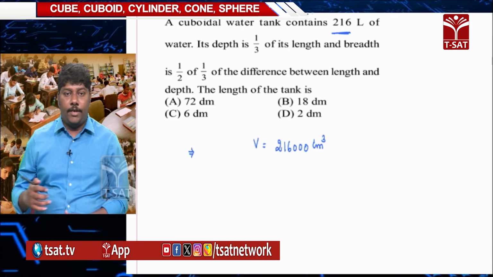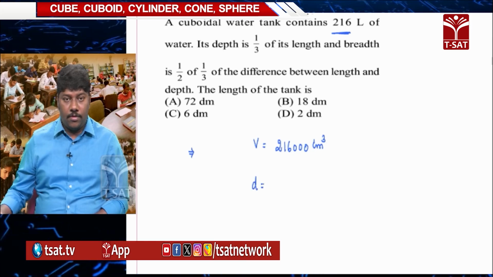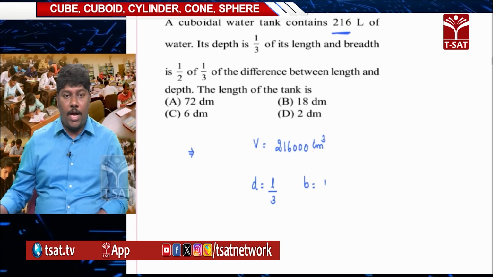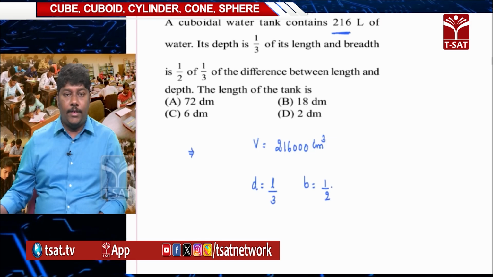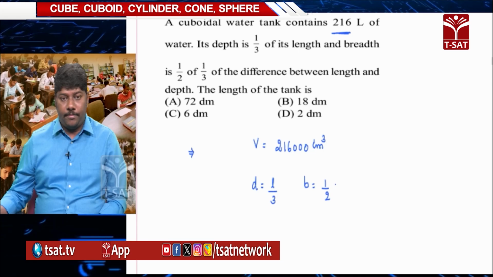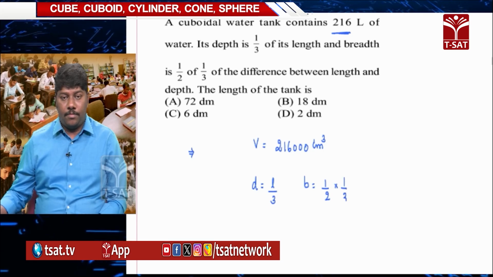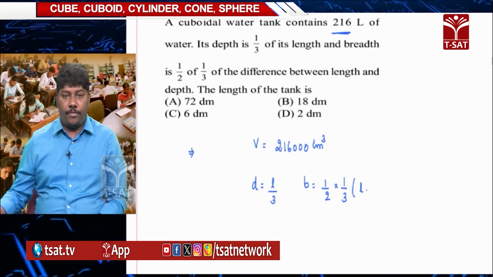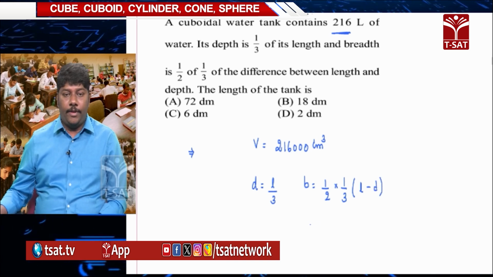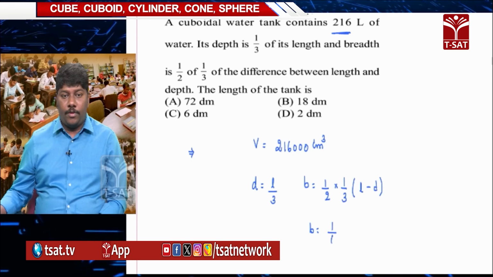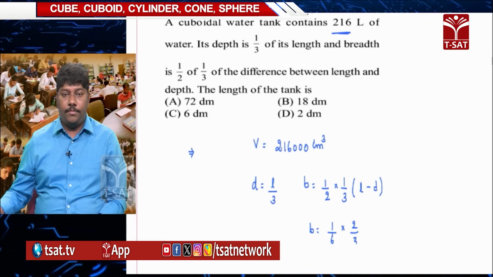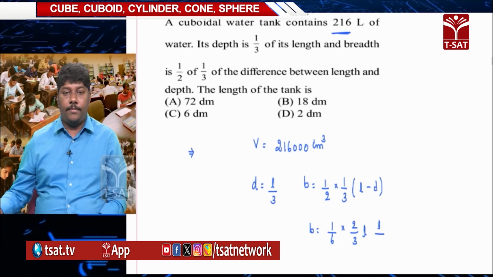Its depth is 1/3 of the length, so L by 3. Breadth is half of 1/3 of the difference between length and depth, where depth is clearly given. L minus L by 3 is 2/3 of L. So breadth is L by 9.